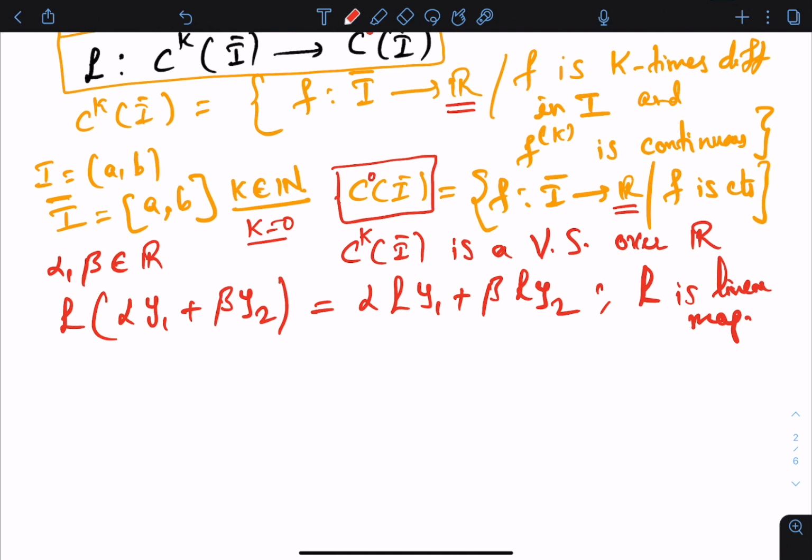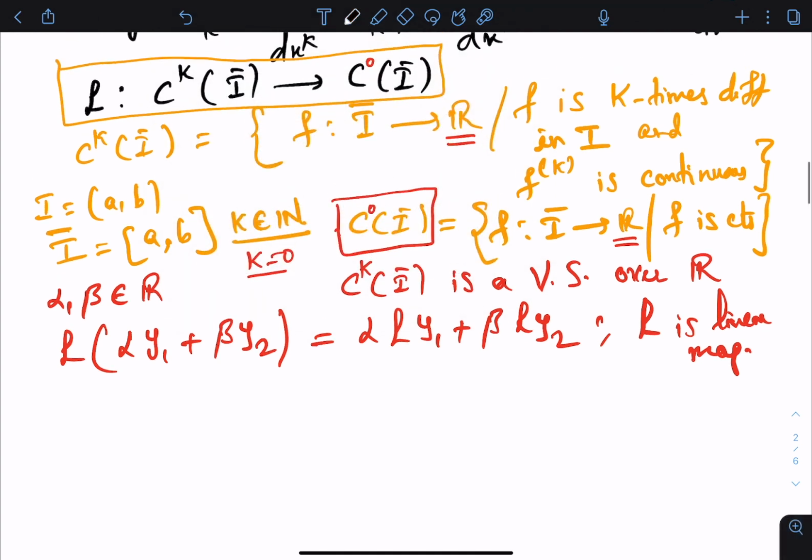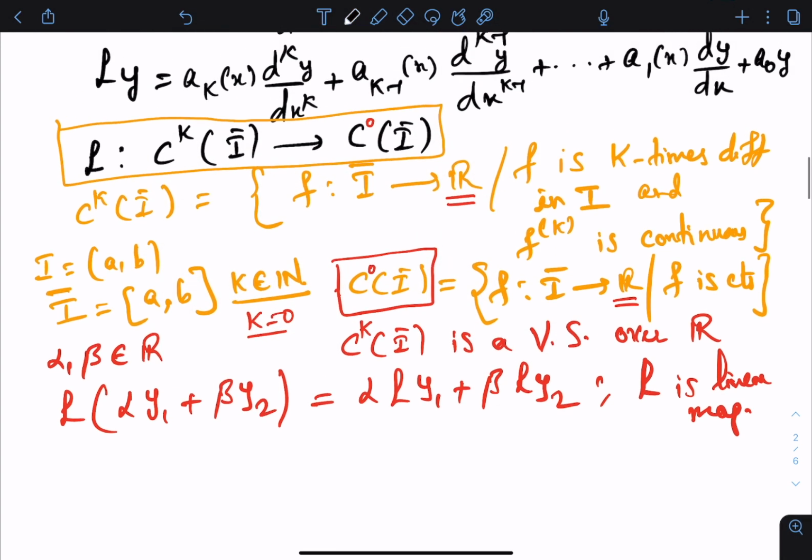So is this true? We just have to verify that. You have the definition of Ly, you plug it in there, and when you say linear ODE, this is precisely what you mean. So how do you check this?